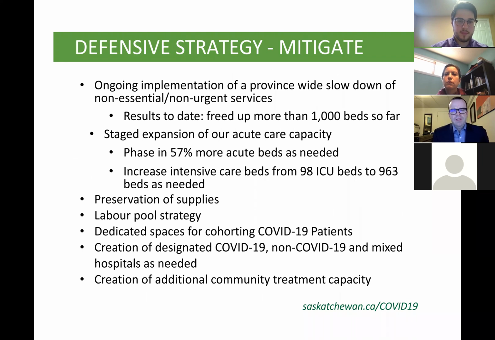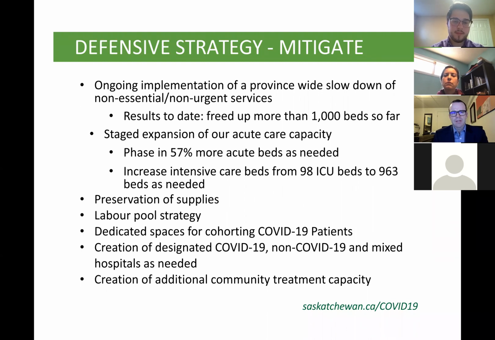Our defensive strategy is focused on mitigation. And so a few specific things that we're doing. We do have an ongoing province-wide slowdown of non-essential and non-urgent services. And up to this date, this has freed up about 1,000 acute hospital beds so far. We also have a staged expansion plan for acute care capacity.